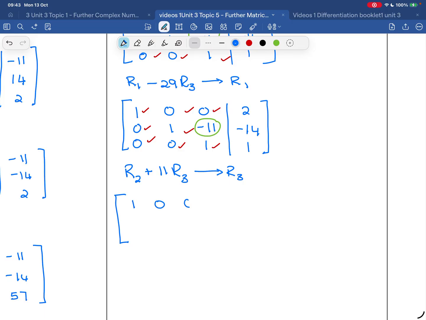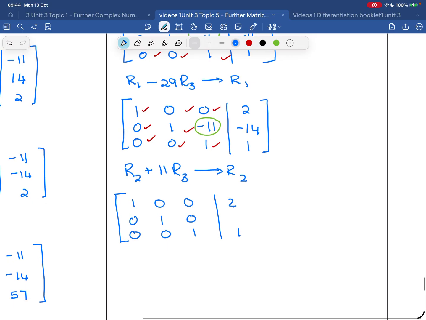I'm not touching row 1, I'm not touching row 3, but row 2 plus 11 row 3, well, 0 plus 11 zeros are 0, 1 plus 11 zeros is still 1, and negative 11 plus 11 is 0, and negative 14 plus 11 is negative 3.